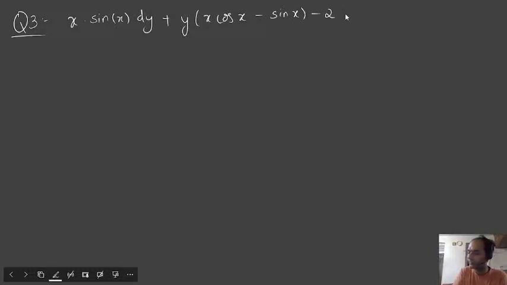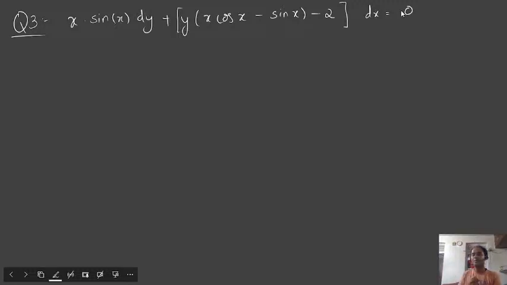So see here, x sine x dy plus y times x cos x minus sine x minus 2 dx is equals to 0.